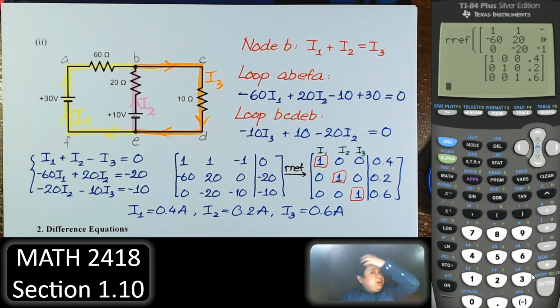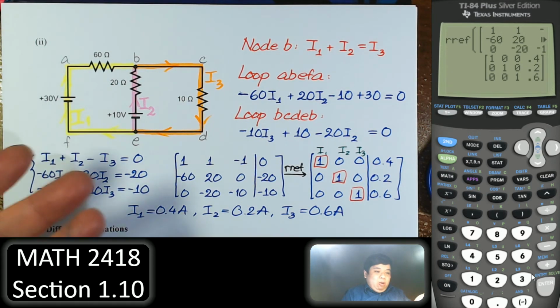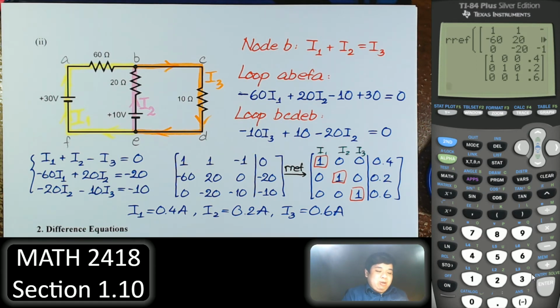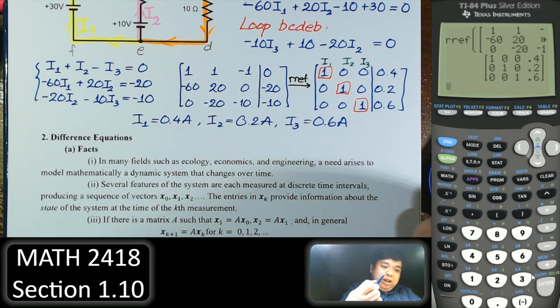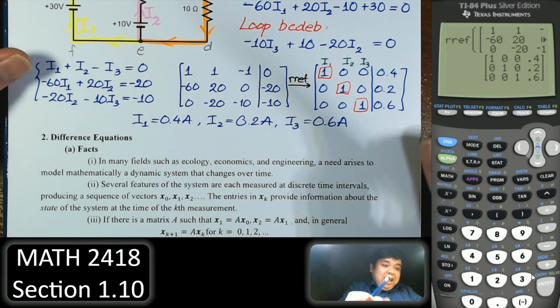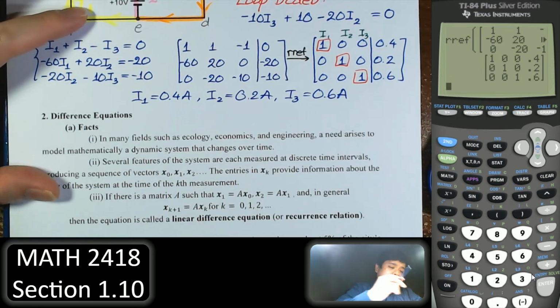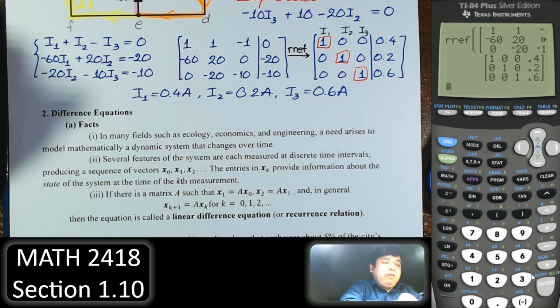So what we have here is all of them are positive, which means the direction we chose earlier is the correct direction. Right. I think those two examples are enough for the electrical networks. Next we have different equation. Right.